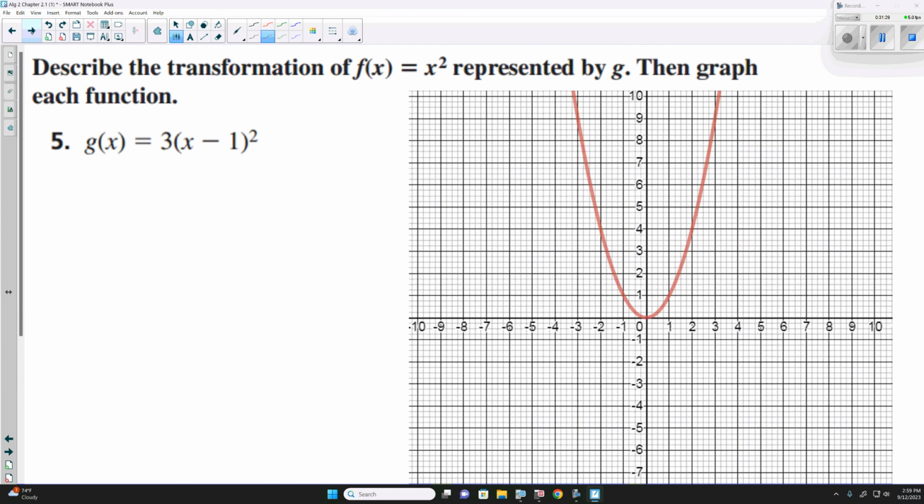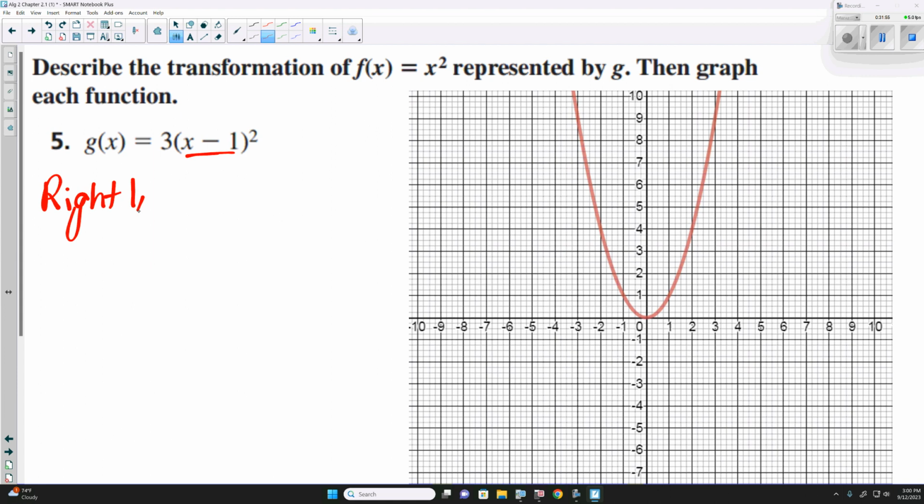So let's look at this next one here. 3 times x minus 1 squared. Let's deal with up, down, left, right first. Is there an up or down movement? No. No up and down, so is there a left or right? Yes.